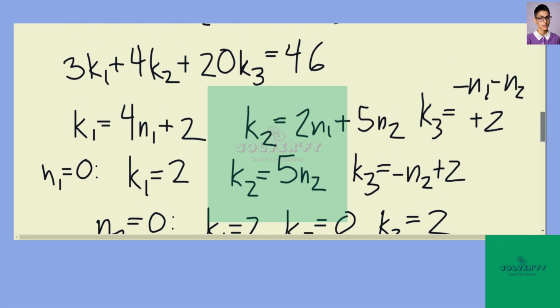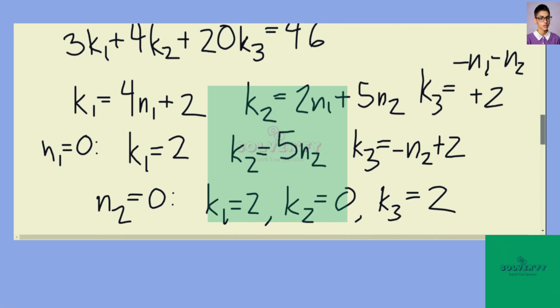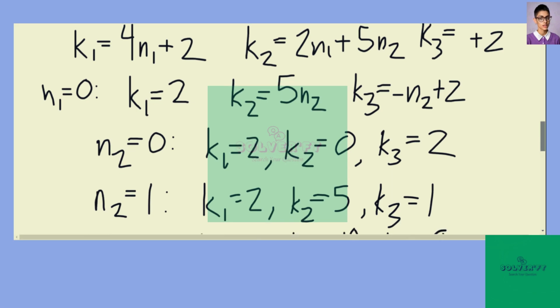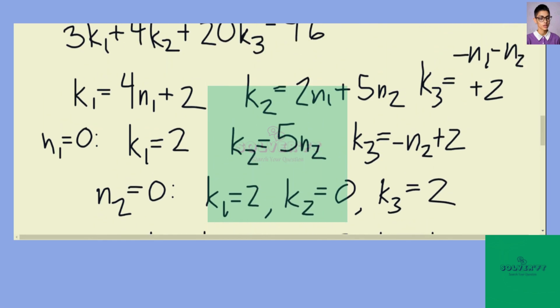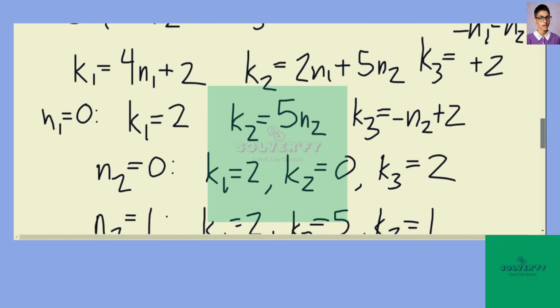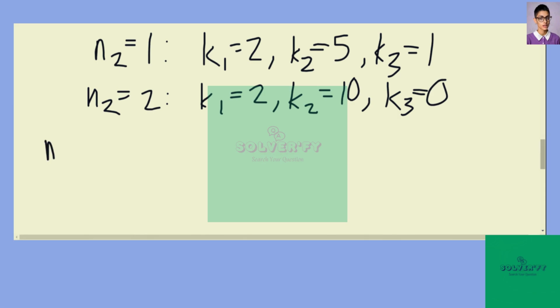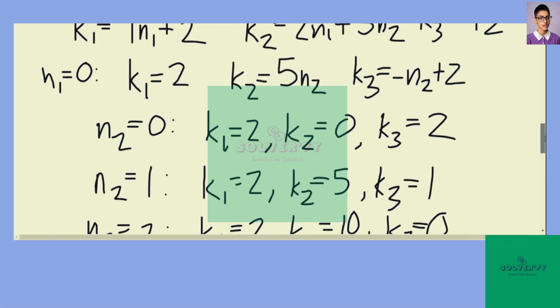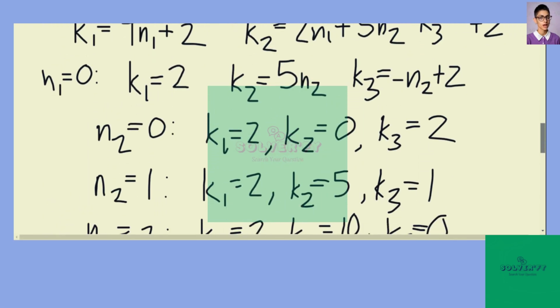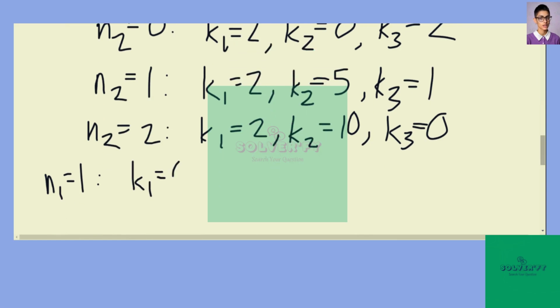And for other options, if we take n1 to be, instead of 0, choose it to be 1, then we have that k1 is equal to 6.